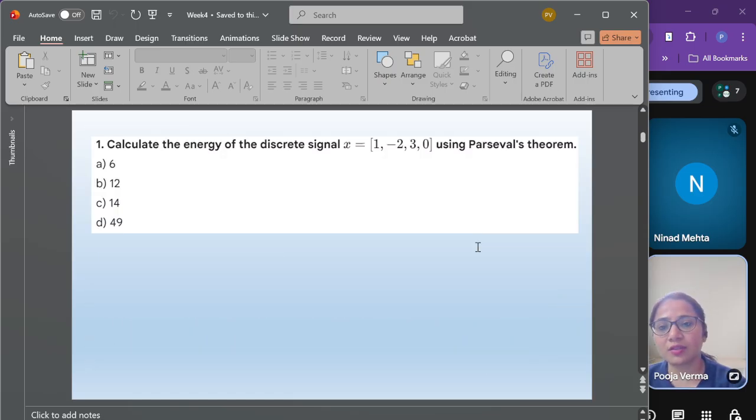This is our first question for this week. Calculate the energy of the discrete signal x, that is 1, minus 2, 3, 0, using Parseval's theorem. Would you like to answer this question? First you try, then I will solve it here.